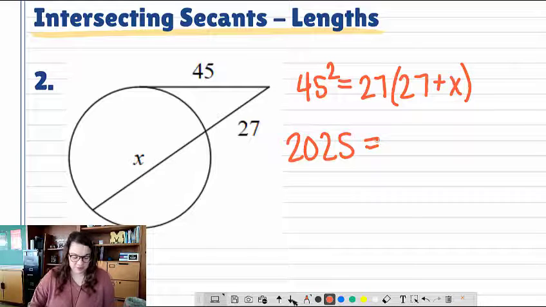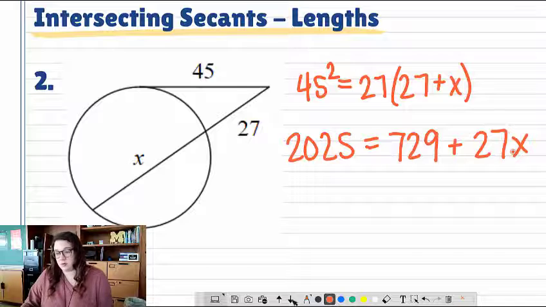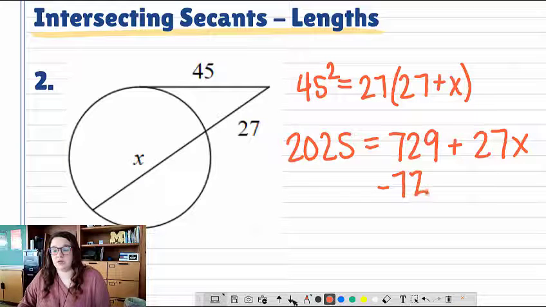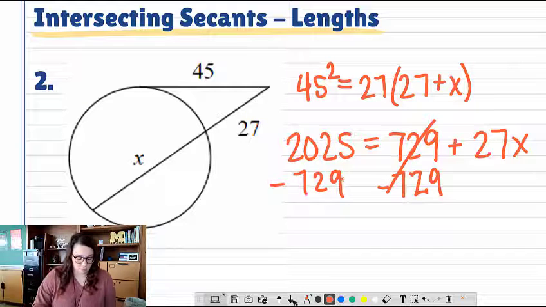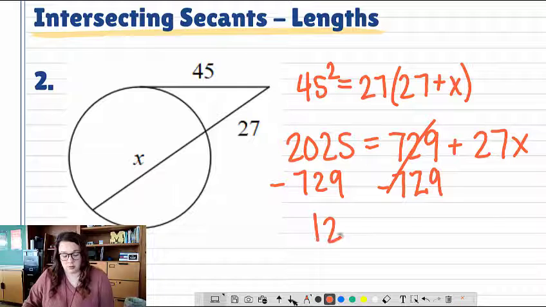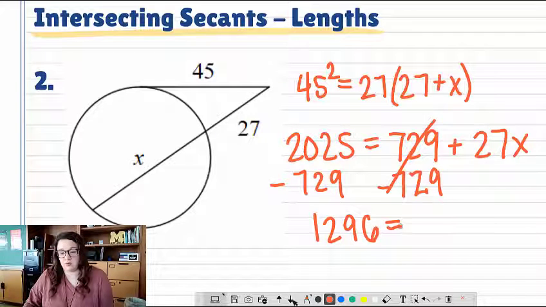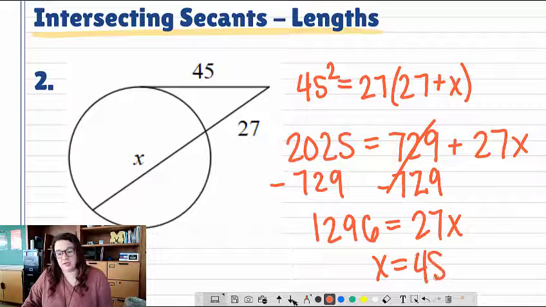And 27 times 27 is 729. We can subtract 729 from both sides. I got 1296 equals 27x. And lastly, we'll divide by 27, and x is a nice clean 48.